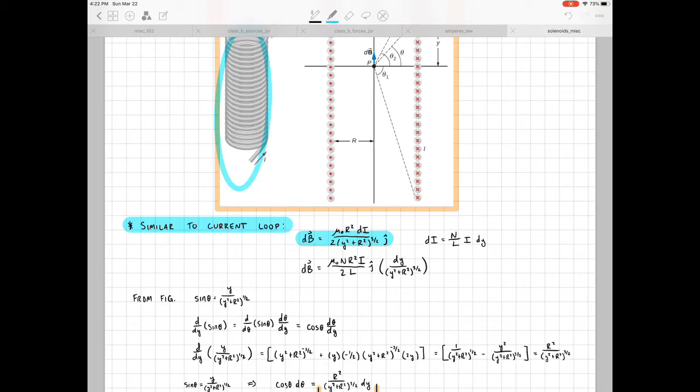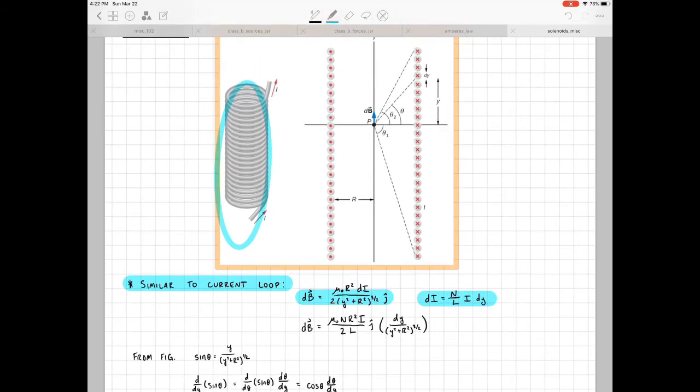And here, instead of calling it B, I'm calling it dB because I've actually got a bunch of loops here, right? And so that dI value, how much current, dI is equal to, if you look at our picture, the number of loops, n, divided by the length, multiplied by the current running through each of the loops, and then multiplied by dy, the little chunk of height of the solenoid.